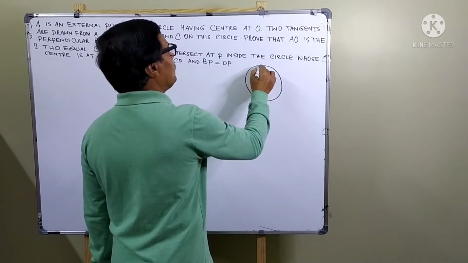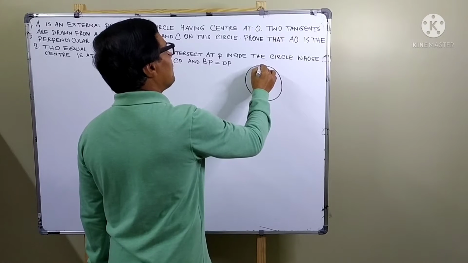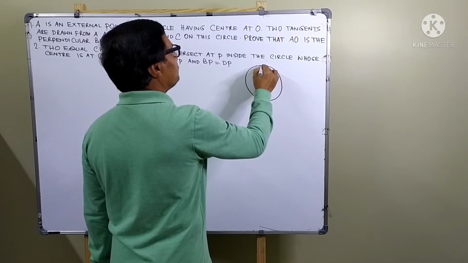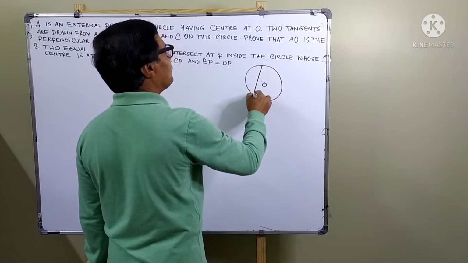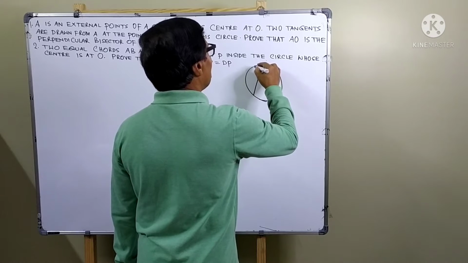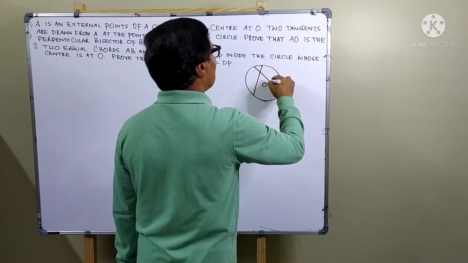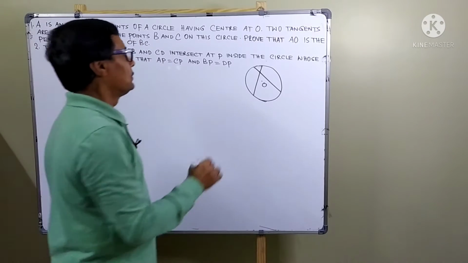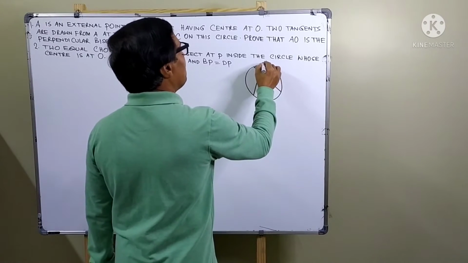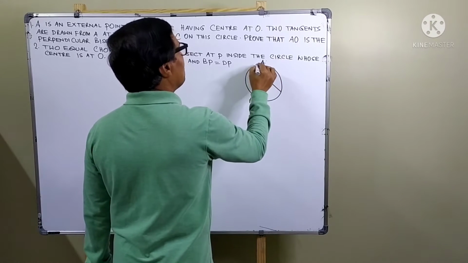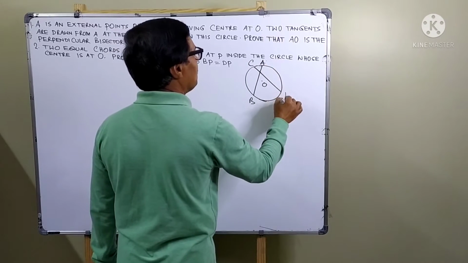Here two equal chords are drawn. These two chords are AB and CD. These are two equal chords AB and CD.